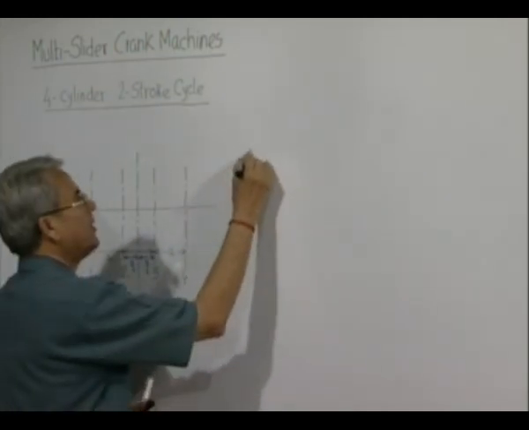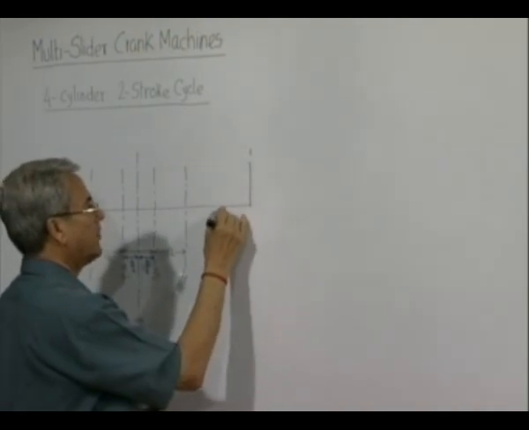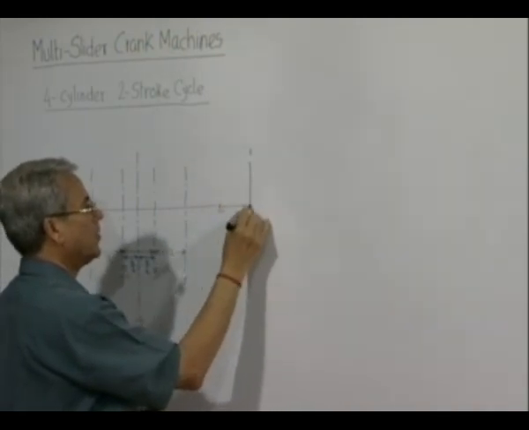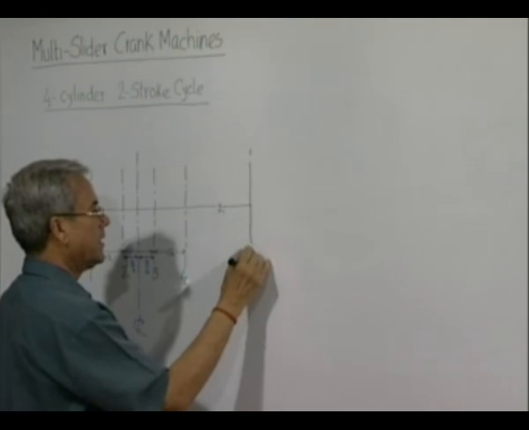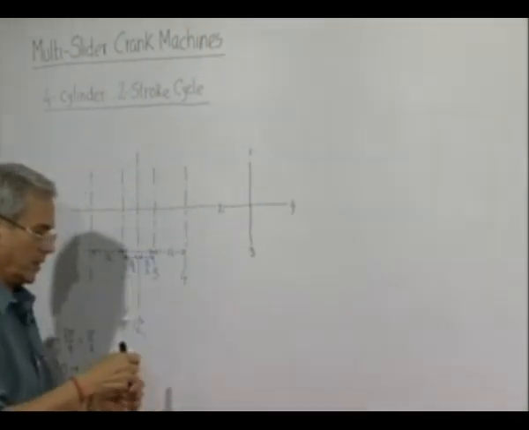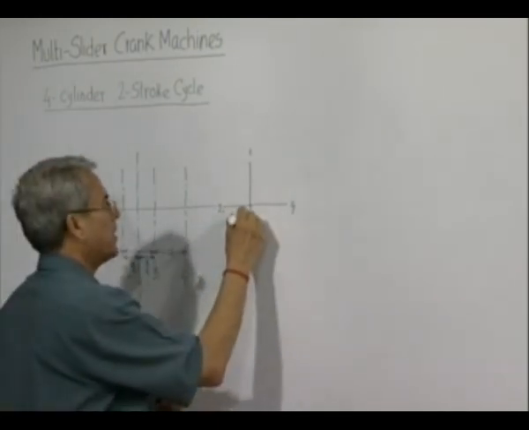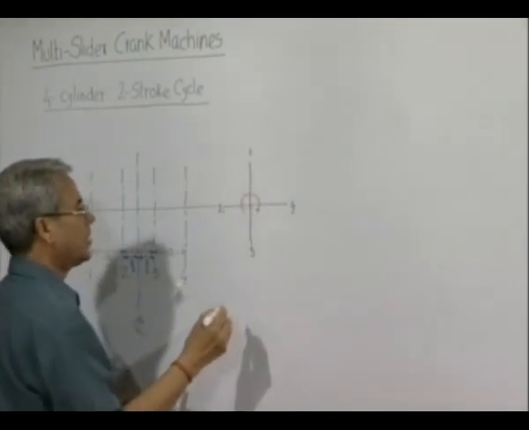So this will be firing of crank 1. Next firing will take place for crank 2, next after another 90 degrees 3, and next another, and of course the primary crank is rotating in this direction.